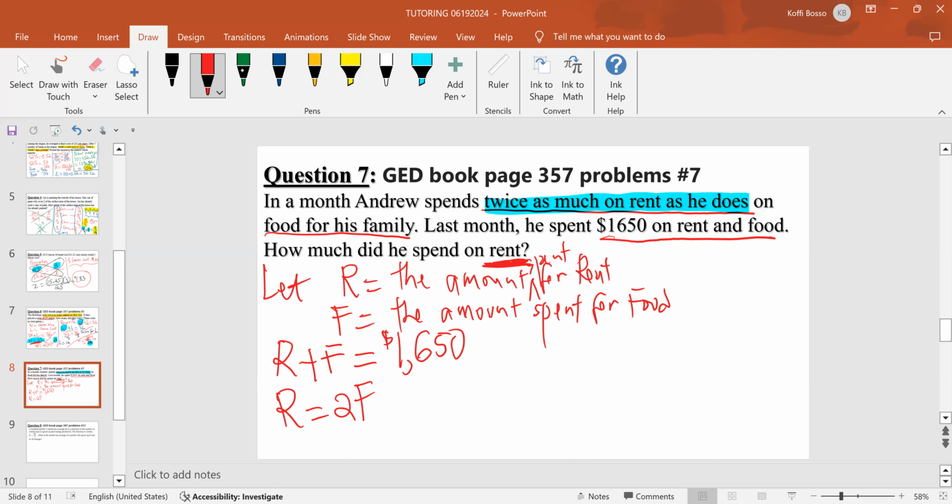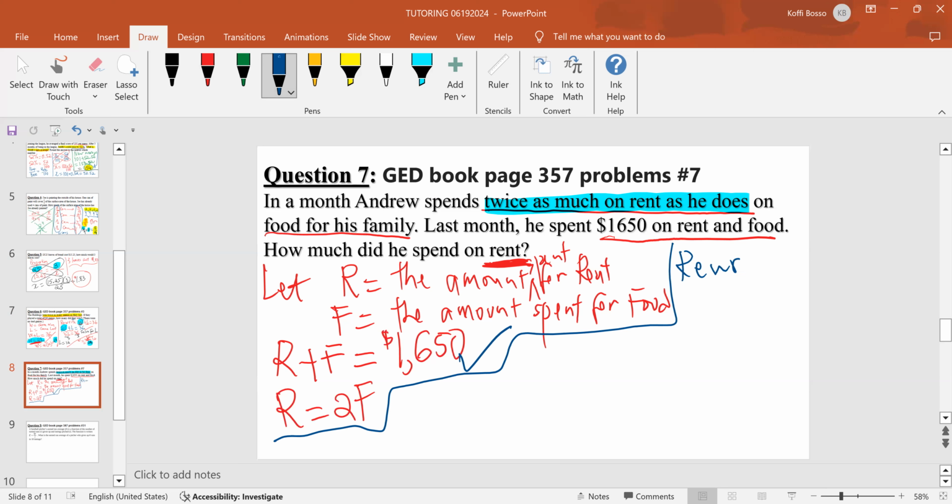Now again, we're going to rewrite the first equation. The first equation is R plus F equals 1650.